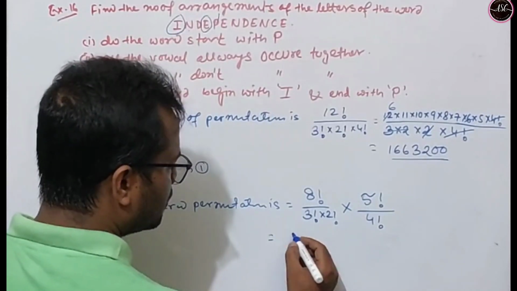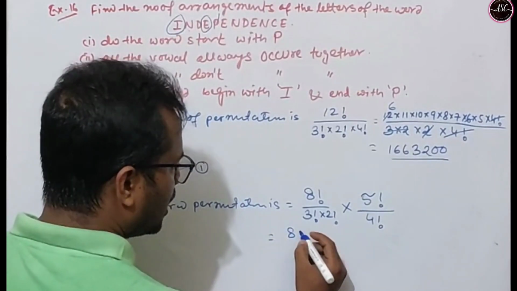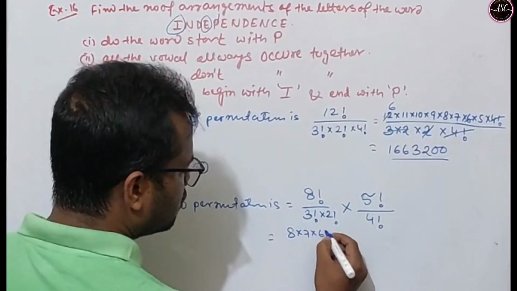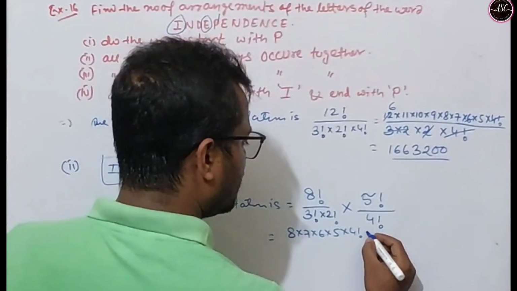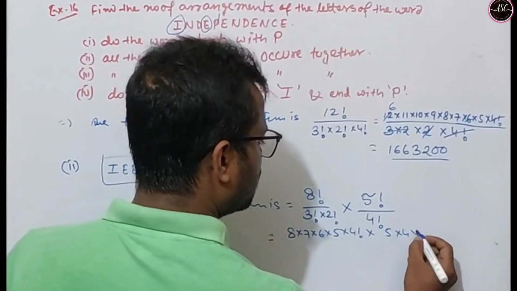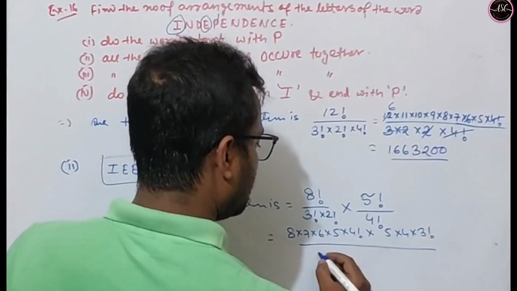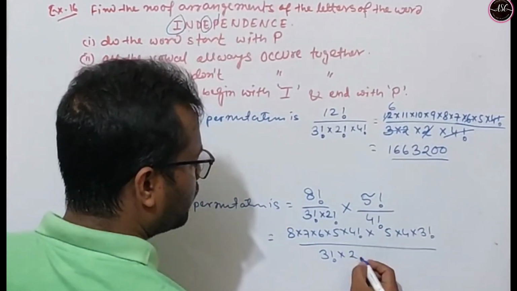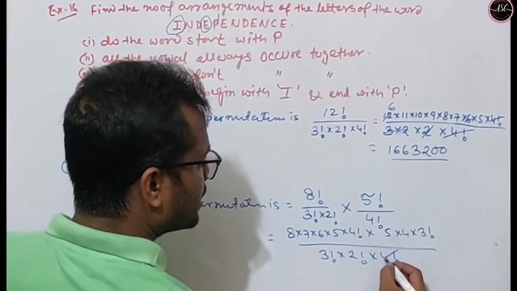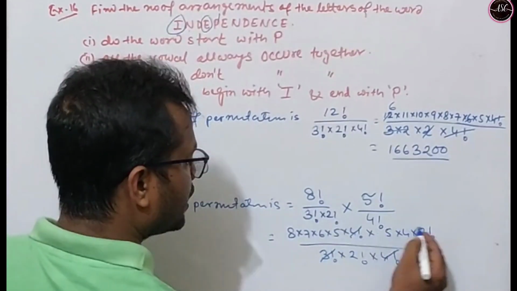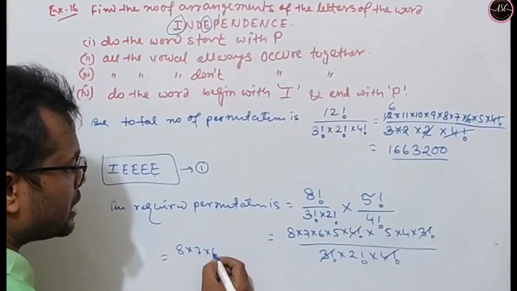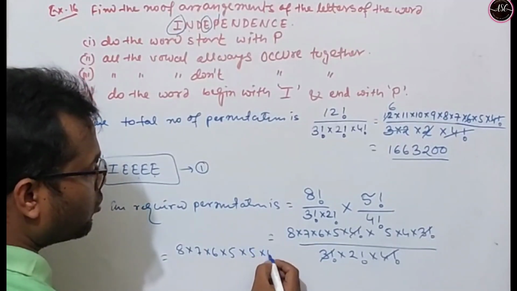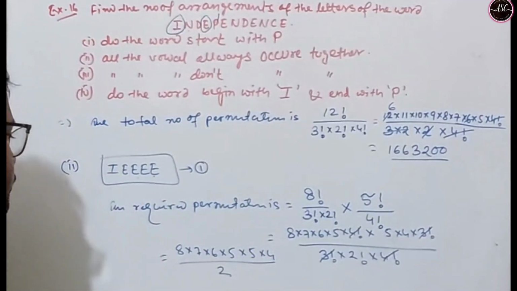That means by solving this we get 8 factorial equal to 8 into 7 into 6 into 5 into 4 factorial, and 5 factorial equal to 5 into 4 into 3 factorial, divided by 3 factorial into 2 factorial into 4 factorial. Just cancel out this 3 factorial, 4 factorial, and we have 8 into 7 into 6 into 5 into 5 into 4 divided by 2.